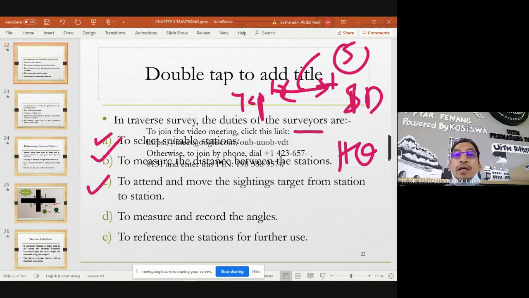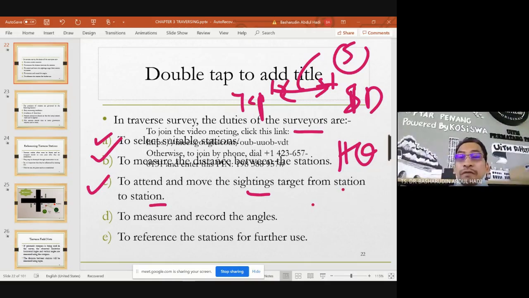number three, you might also, to make sure your surveyor, maybe is under you, you have become resident engineer, or maybe your salary at that time is 25,000 or above. So you must attend and move the sighting target from station to station. That means as a surveyor, you must go to every station.